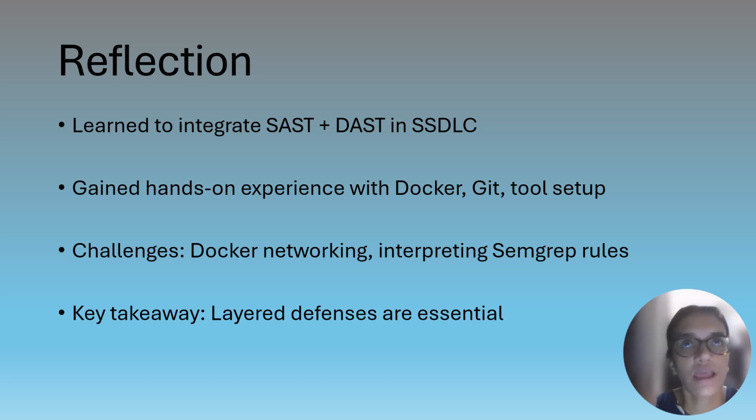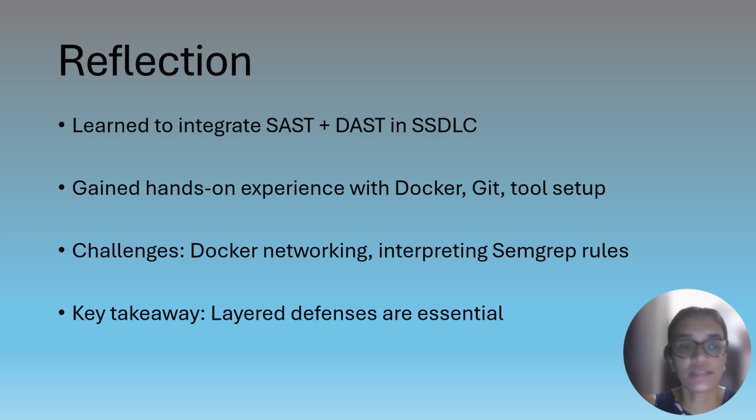This slide is all about the reflections. Mainly, this project gave me hands-on experience with both static and dynamic testing. I faced some challenges with Docker networking when Juice Shop failed to bind to the localhost, and I had to adjust the WSL integrations.